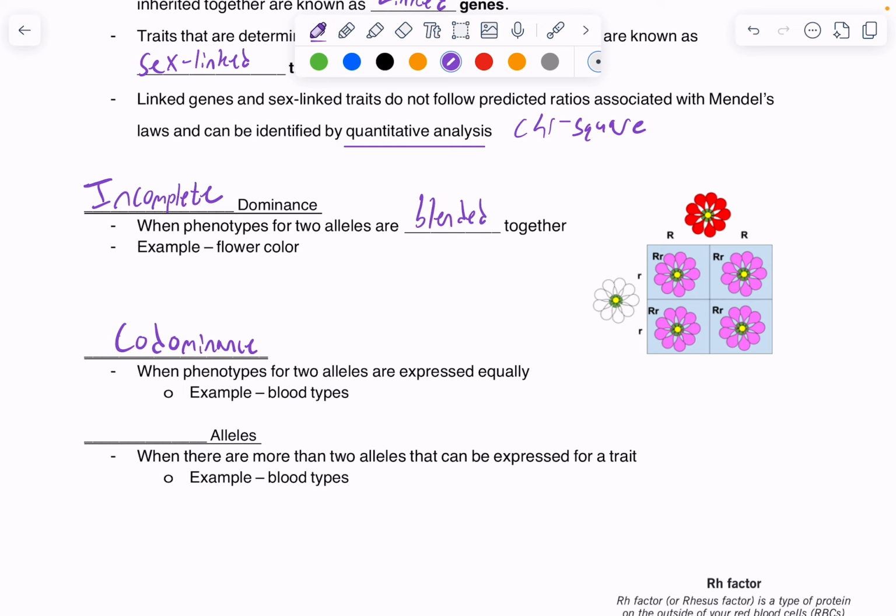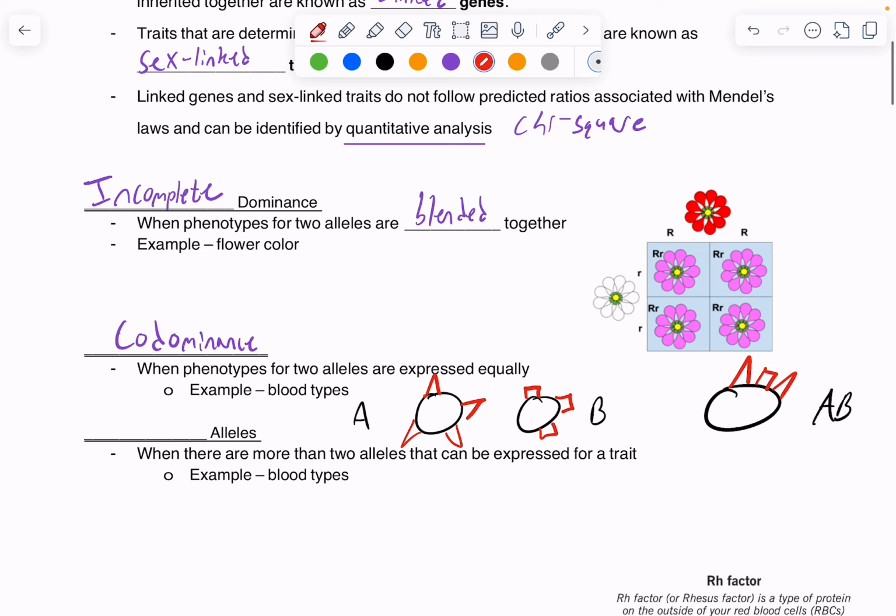We can see this with blood types. If I draw some blood cells real quick, let's say we have blood cell A and blood cell B. Blood cell A has spikes on it, which makes it type A. B has some squares on it. Looking over here at AB, we can see that codominance is happening because they have both spiky and square receptors on their membranes.